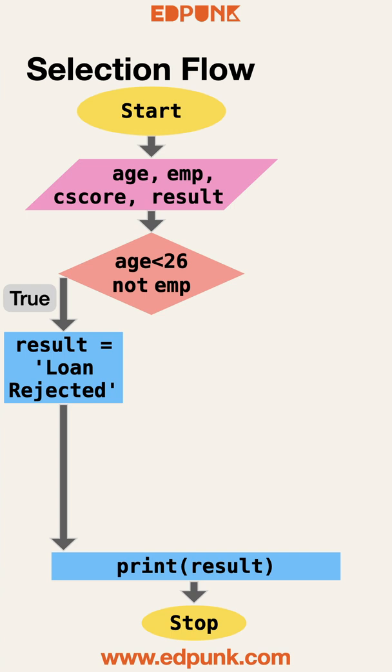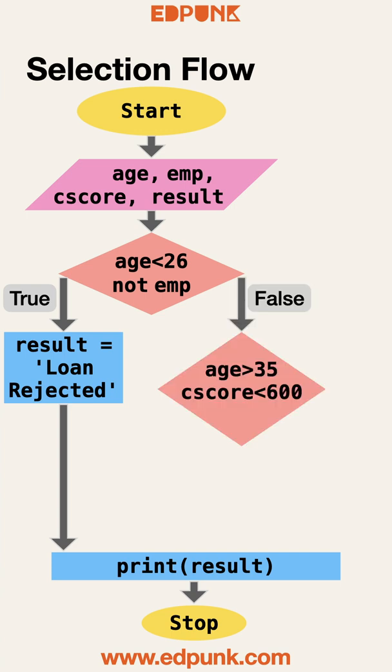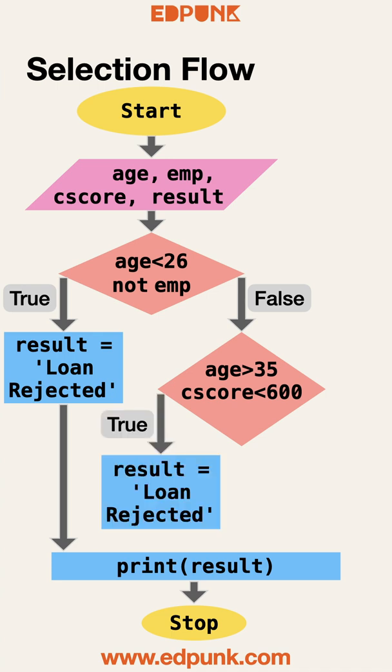In case the applicant's age is greater than or equal to 26 or the applicant is employed, then the condition is not satisfied and we move on to the next condition where we test if the age of the applicant is greater than 35 and the credit score is less than 600. If the condition is satisfied, the value of the variable result is updated to the string "loan rejected".